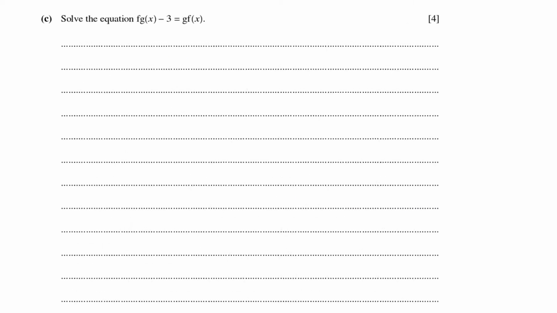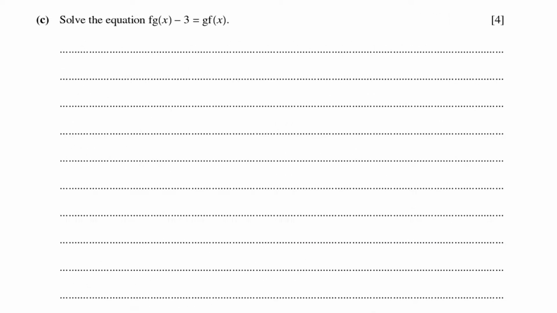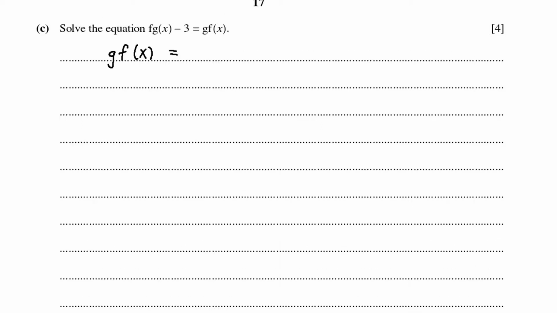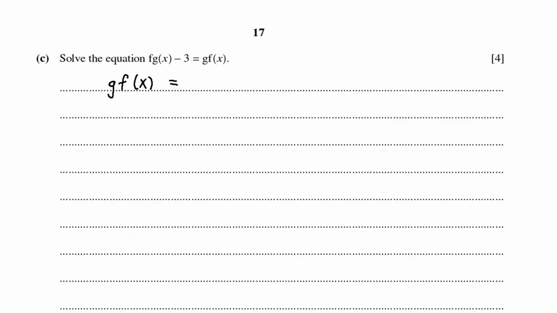Part C. Solve the equation f of g of x minus 3 is equal to g of f of x. So here, the first thing that we can do is to find g of f of x, since f of g of x, we already have it. So for g of f of x, if you look at our functions, I'll just place them here.